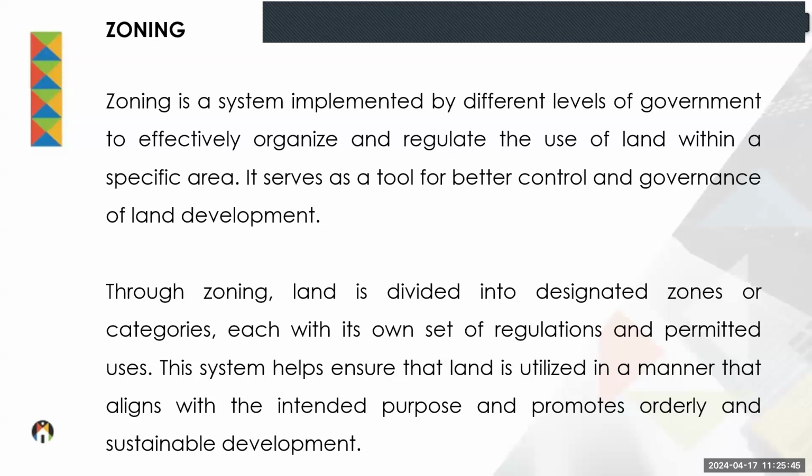Through zoning, land is divided into designated zones or categories, each with its own set of regulations and permitted uses. The system helps to ensure that land is utilized in a manner that aligns with the intended purpose and promotes orderly as well as sustainable development.